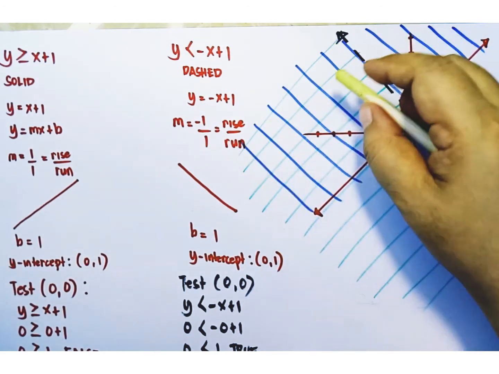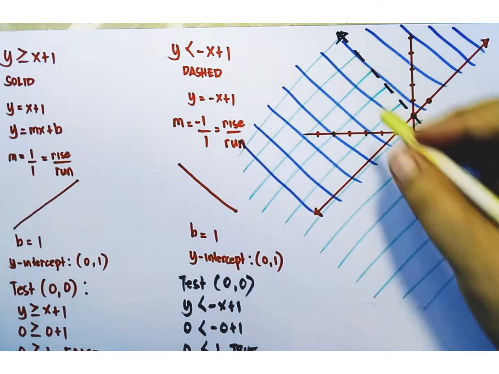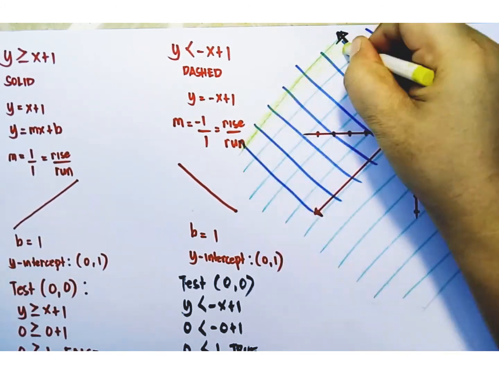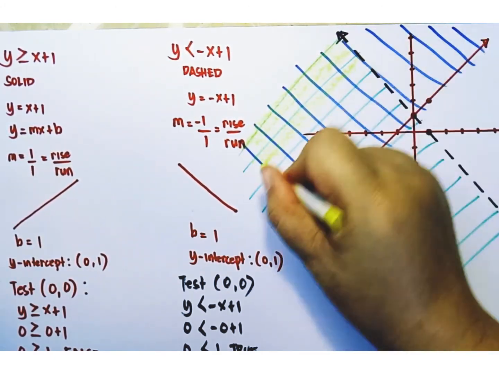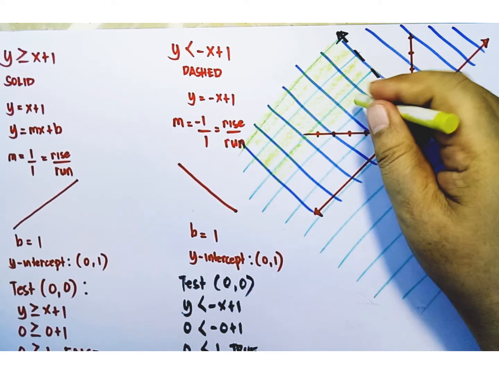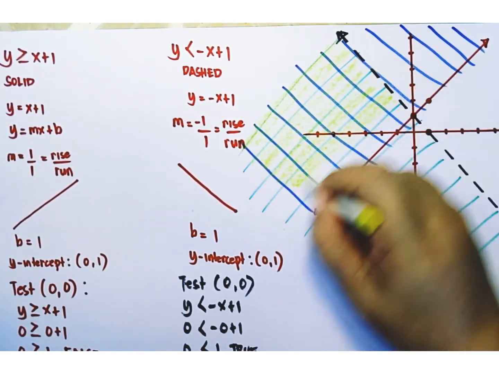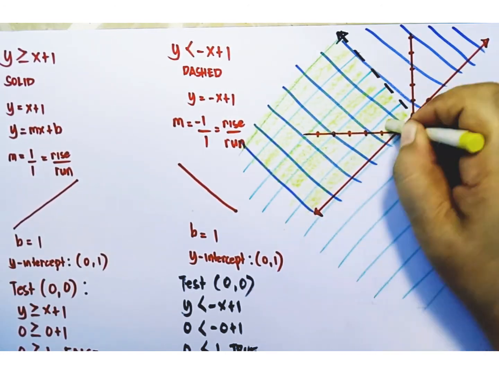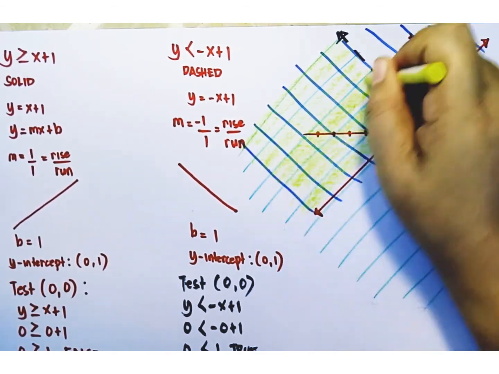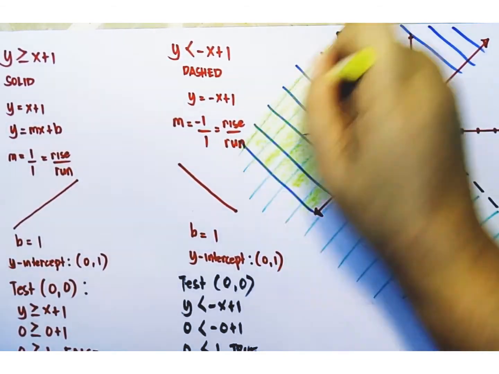This double shaded region is the intersection region of all the solutions in the given system.